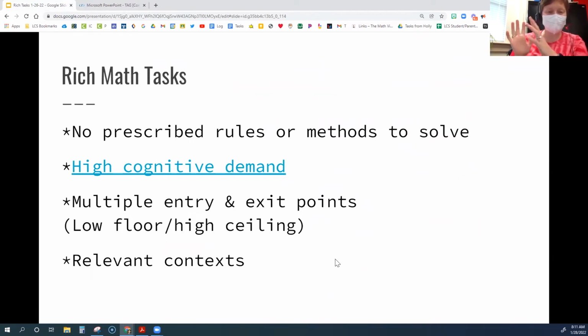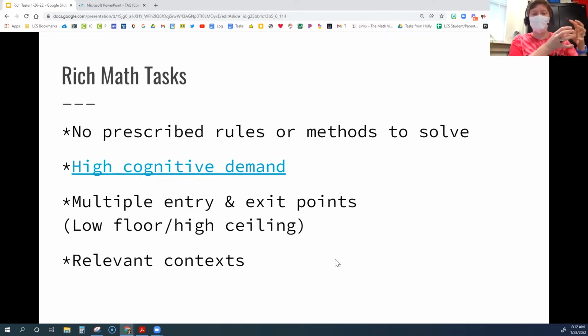I think you may have heard me say low floor, high ceiling as another way to say the exact same thing. What that means is that if you think about your class, all of us have a range of abilities and background knowledge, it's a rich task if almost everybody has a way to attack that task. And in some cases, it would be completely concrete, right?